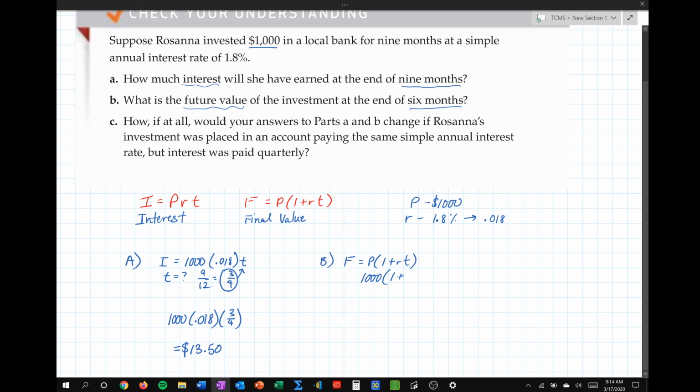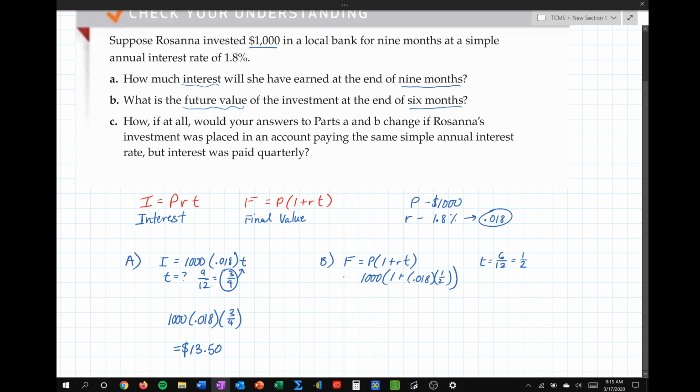Then it's 1 plus the rate, which has to be a decimal, so we use 0.018. For time, we have to convert, because it's 6 months, not years. 6 months out of 12 months is the same as 1/2, so our value for time is 1/2.